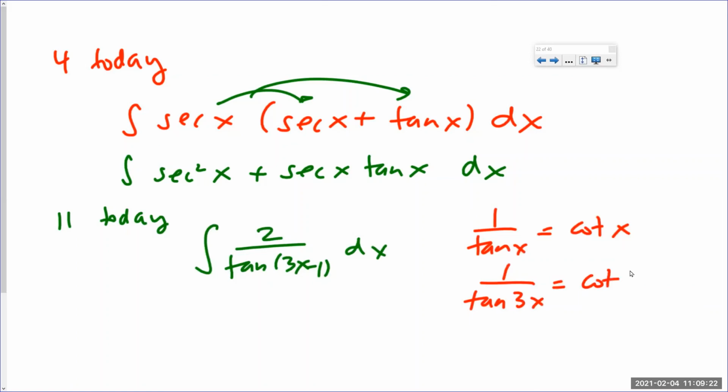Isn't that cotangent 3x? So then what's 1 over tangent 3x minus 1? Cotangent of 3x minus 1. Well, pull out your 2. Okay, pull out your 2. Does that help at all? Yeah, it's a scalar. Okay, so work it from there.